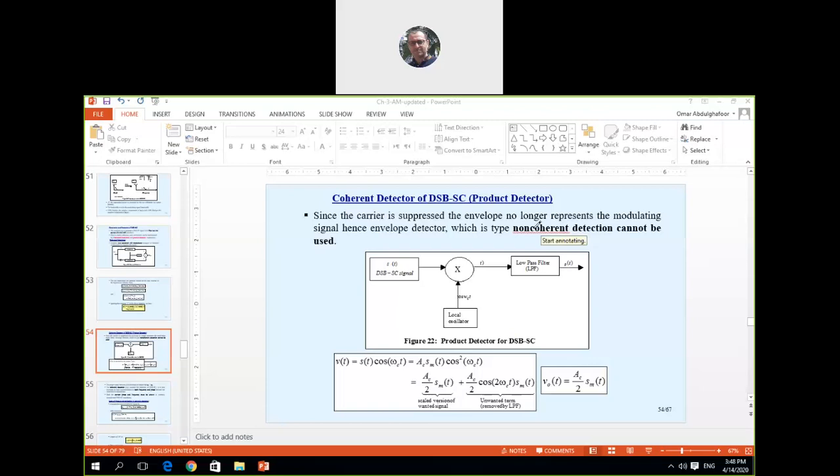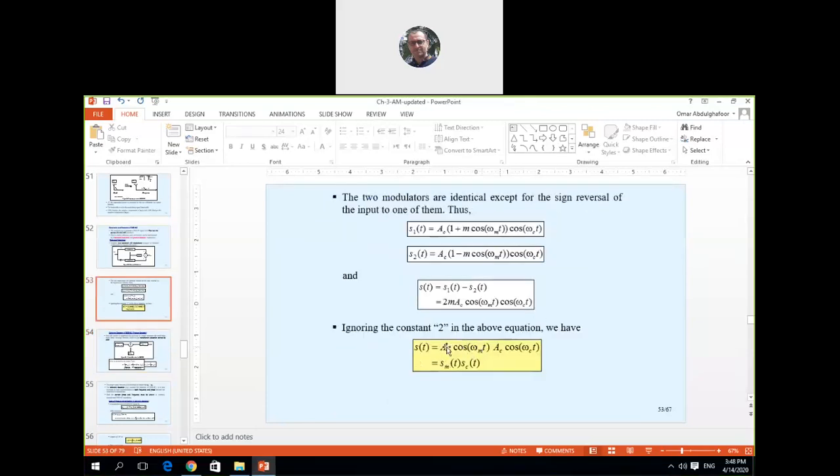So let's see the block diagram of the coherent detector of double sideband suppressed carrier, or product detector. Here we have the double sideband suppressed carrier signal.